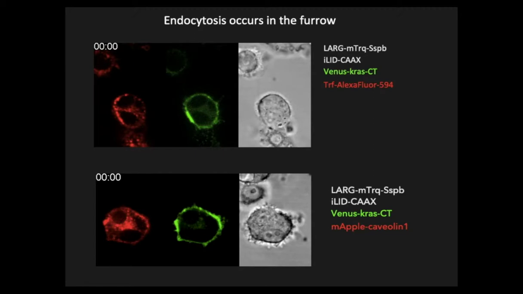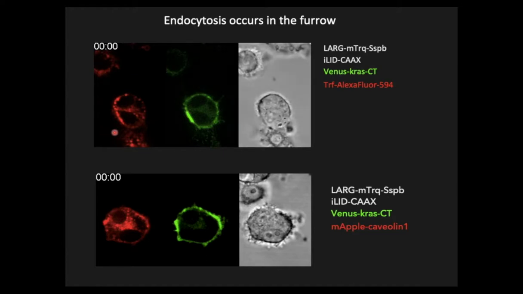Next, we tracked endocytic vesicles and their localization during furrow formation. To do this, we used a fluorescent ligand, transferrin Alexa 594, in red, and after 5 minutes of incubation, the transferrin Alexa was internalized with the transferrin receptor via clathrin-mediated endocytosis.